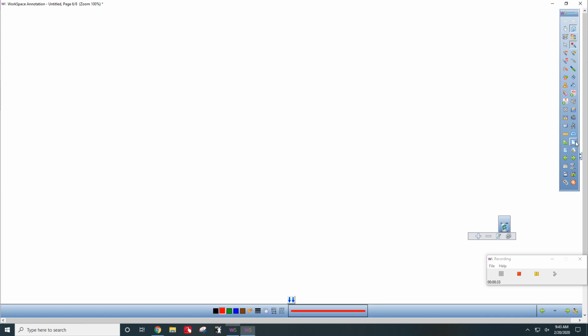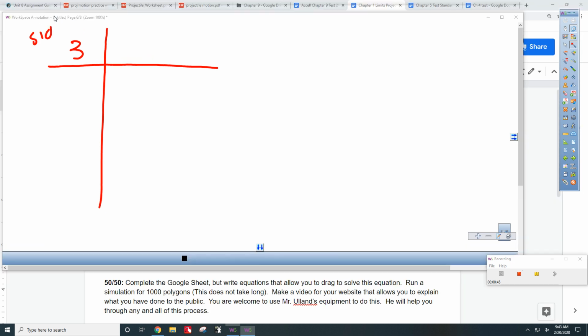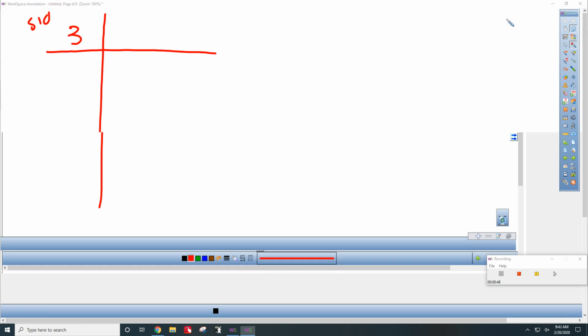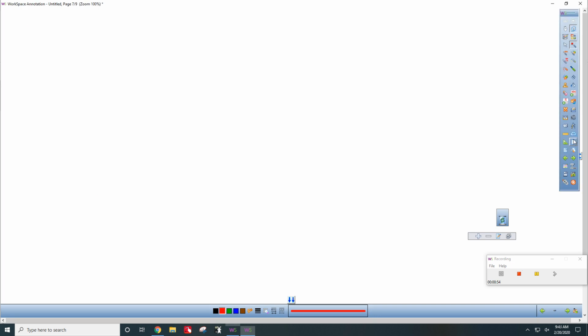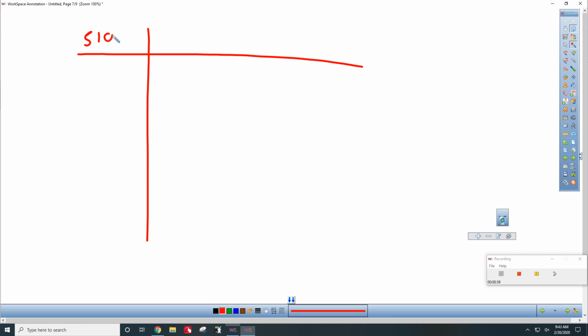Take regular shapes. So what if we had three sides? Okay? So we'll call this sides. And then let's say length.